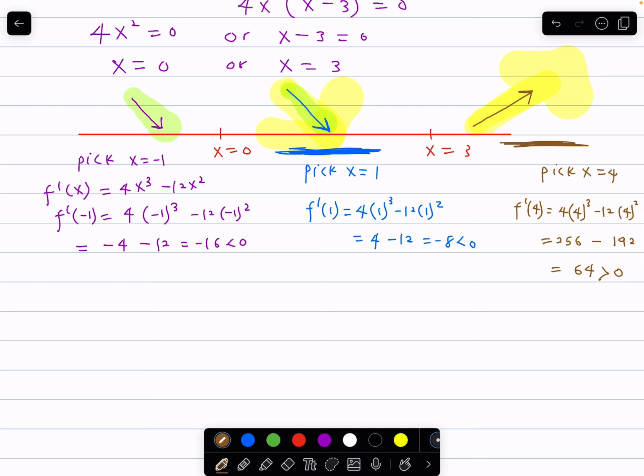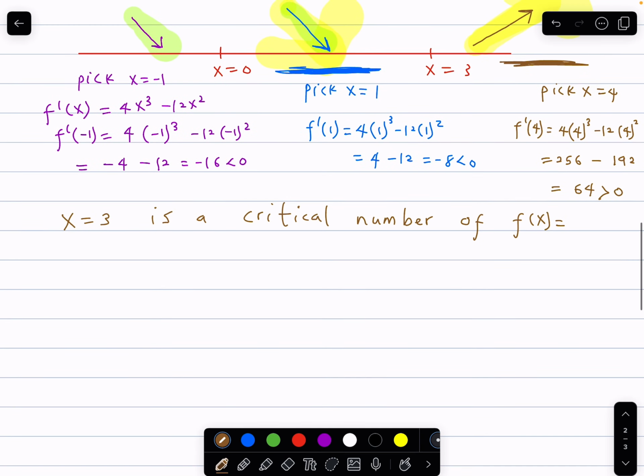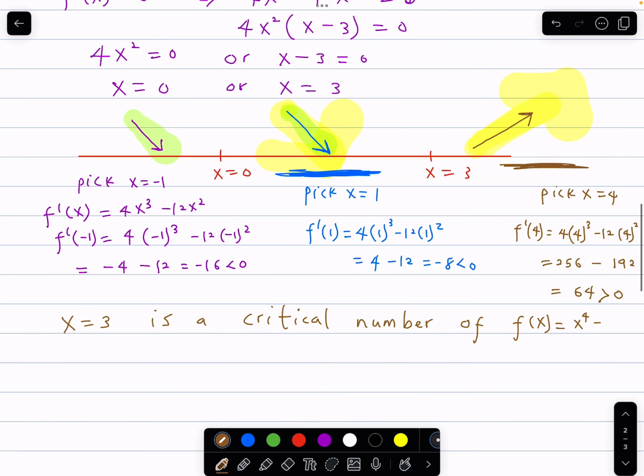So I'm going to put here x equals 3 is a critical number of f of x equals x to the power of 4 minus 4x cubed, but x equals 0 is not.